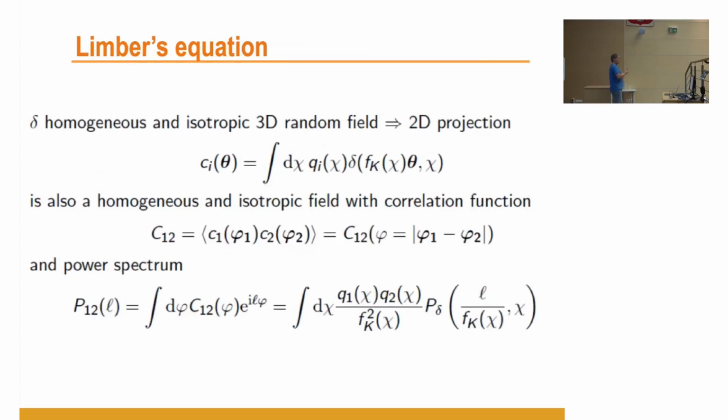It turns out there is a way to relate it. We typically assume, especially on large scales, that this field of overdensities is a homogeneous and isotropic random field. In 3D, it doesn't matter which way we view the universe, that is true.